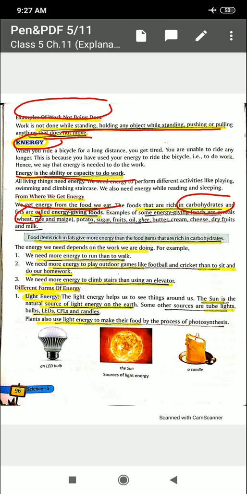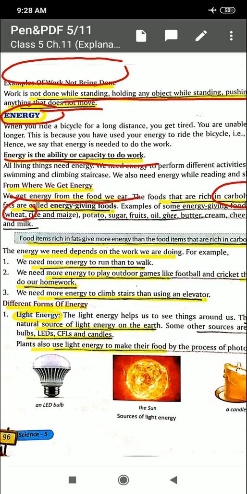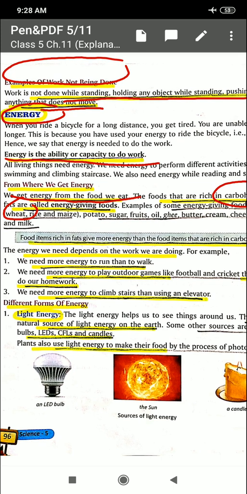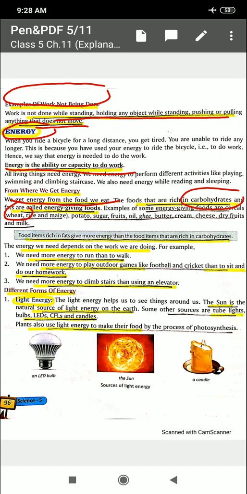Now some of the examples of energy giving food are cereals like wheat, rice, maize, potato, sugar, fruits. They all are rich in carbohydrates. Then oil, ghee, butter, cream, cheese, dry fruits, milk, they have fat.